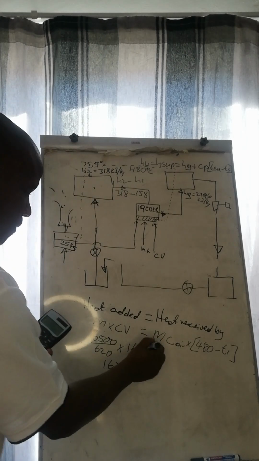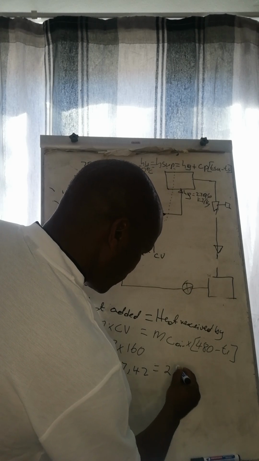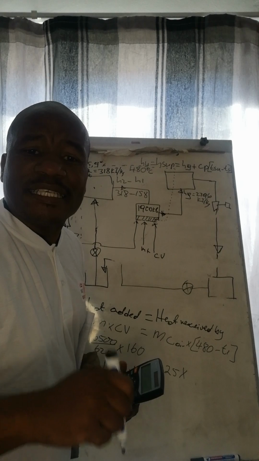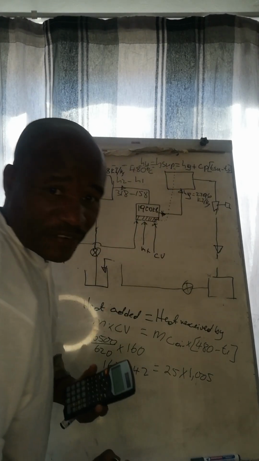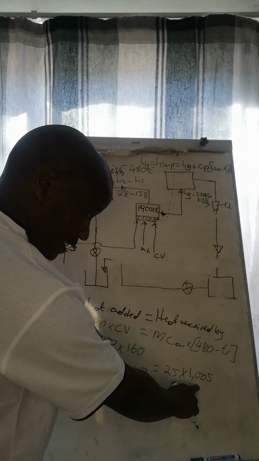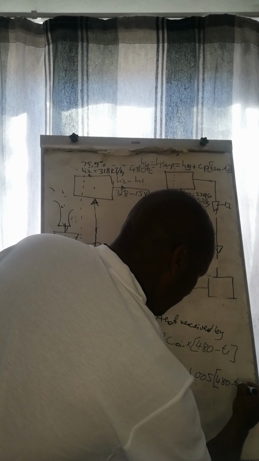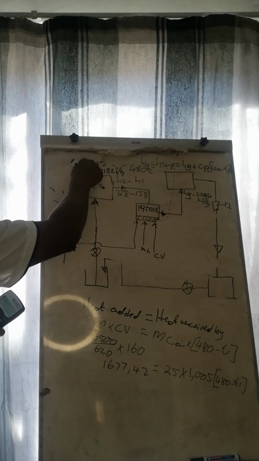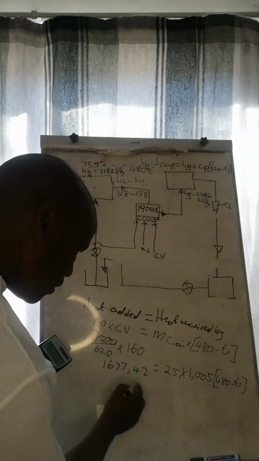So 6,500 divided by 620, answer multiplied by 160, is 1677.42. That is equal to the mass of air, 25, multiplied by, take it from me, the specific heat capacity of air, which is 1.005. I'm normally working with the International Engineering Council standards. It is equal to 480 minus T1. You want that temperature after it has left the economizer before it gets out to the chimney.